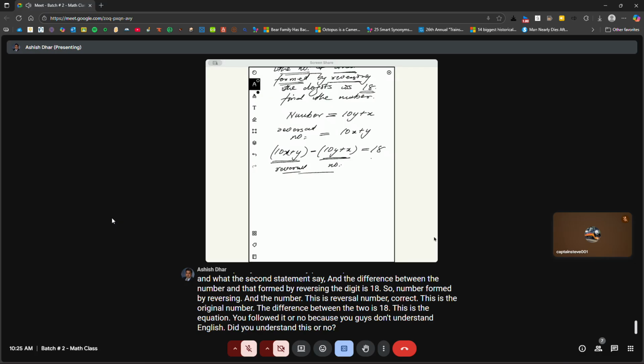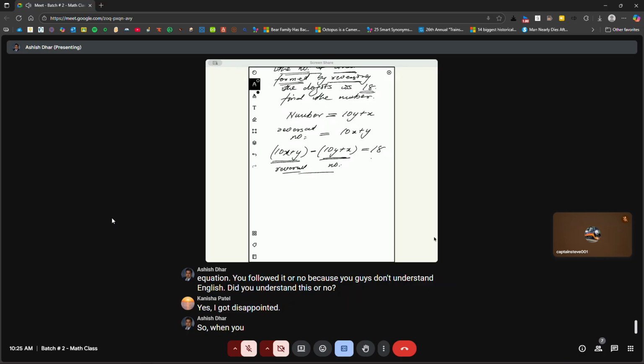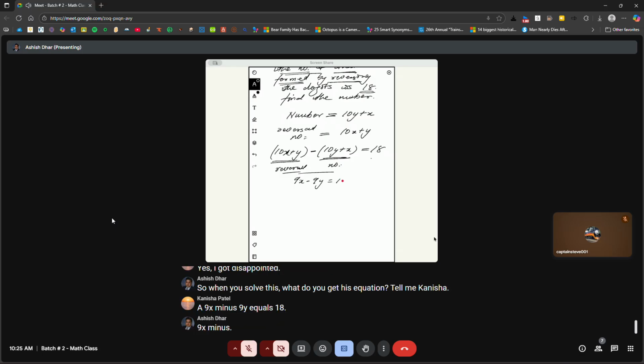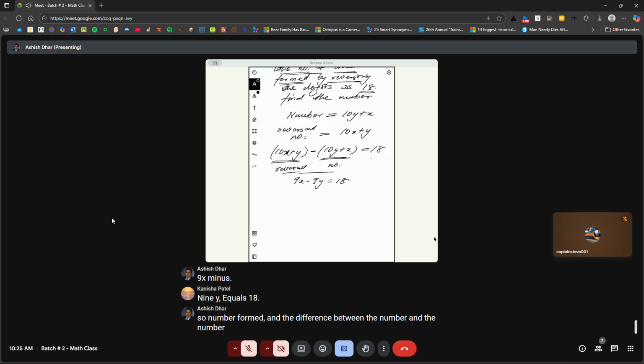Did you understand this or no? Yes, I got this equation. So when you solve this, what do you get as the equation? Tell me, Kanisha. 9x minus 9y equals 18. So the number formed and the difference between the number and the number formed by reversing.